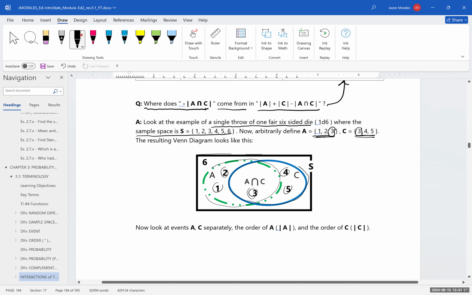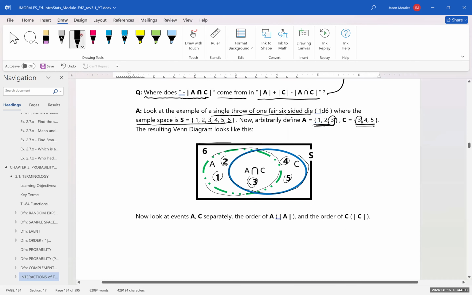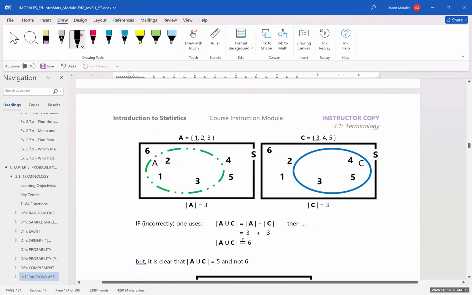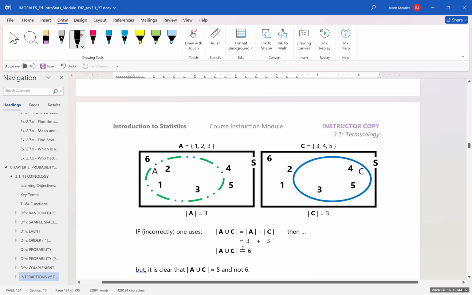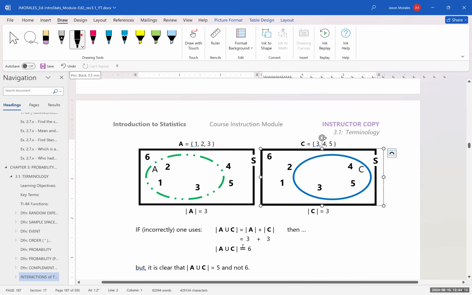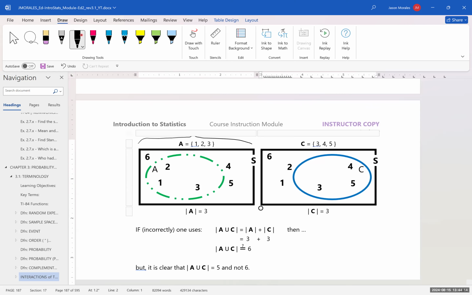Now let's look at events A and C separately, and then we'll look at the order of A and the order of C. So here's the order of A by itself on the left-hand side, and on the right, we've got the order of C by itself.